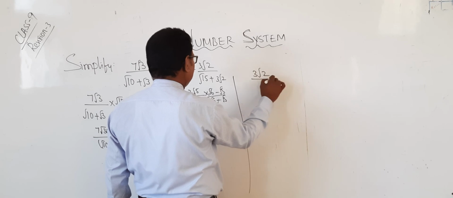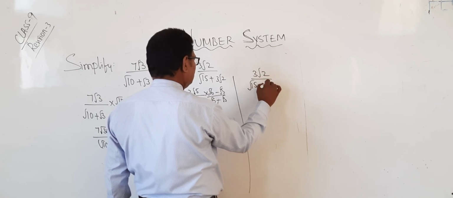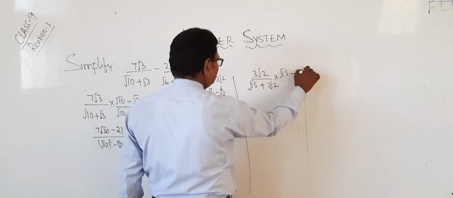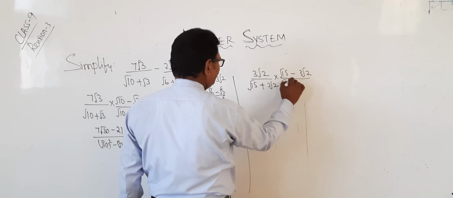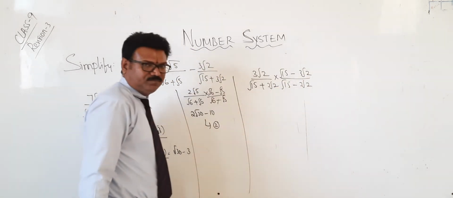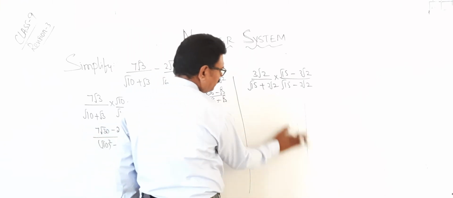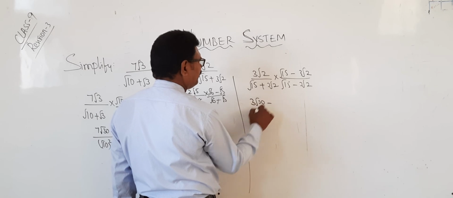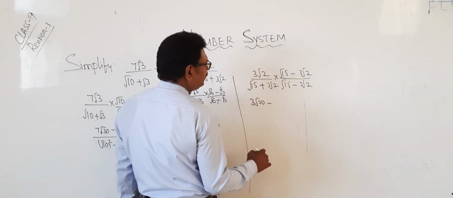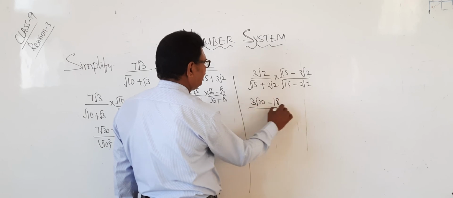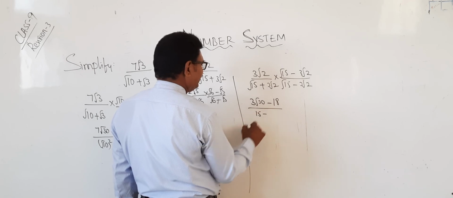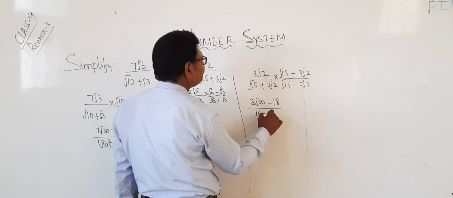Third one. 3 root 2 divided by root 15 plus 3 root 2 into root 15 minus 3 root 2 divided by root 15 minus 3 root 2. Now multiply. 3 root 30 minus 3 root 2, 3 root 2, 3 3 is 9, 9 2 is 18 divided by, very simple, 15 minus 3 square is 9. 9 into 2, 18.